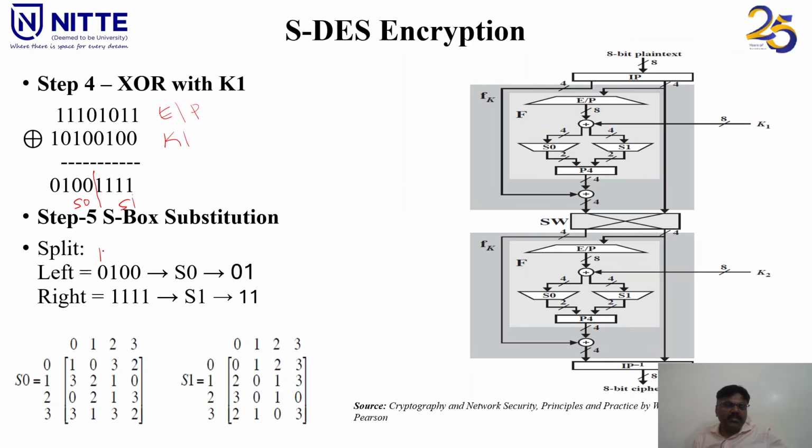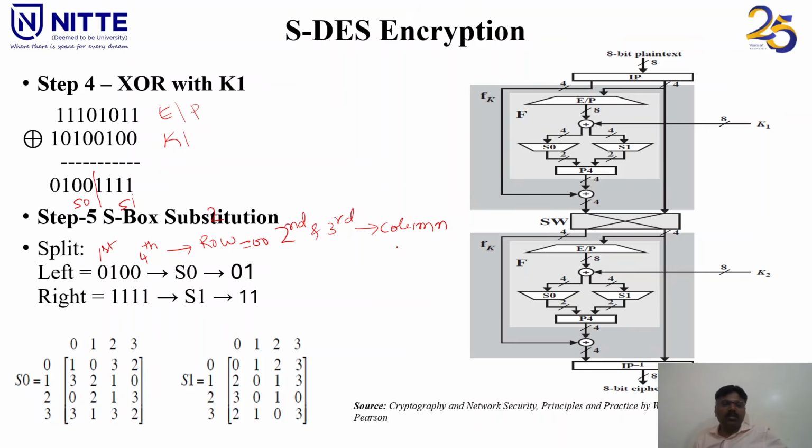The first bit and the fourth bit I'm going to use to represent the row, and the second bit and third bit to represent the column in the substitution box. So the first bit and the fourth bit are 0, 0.